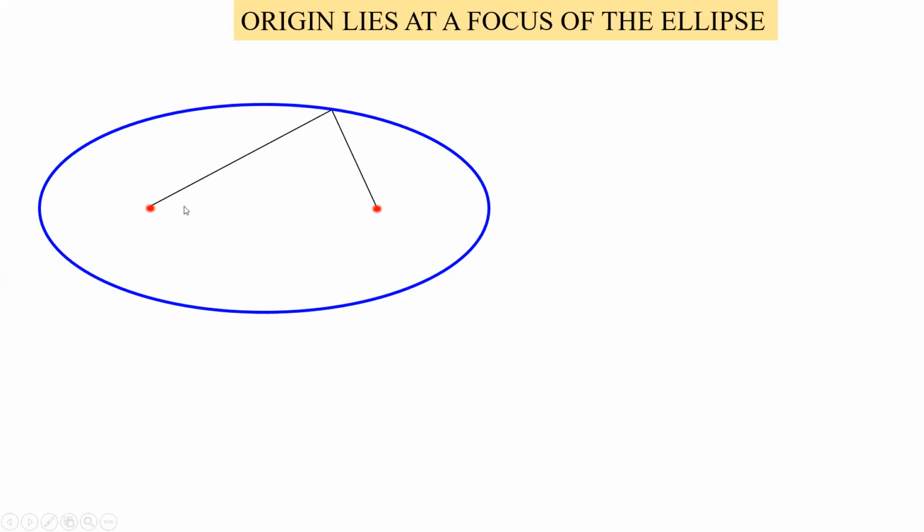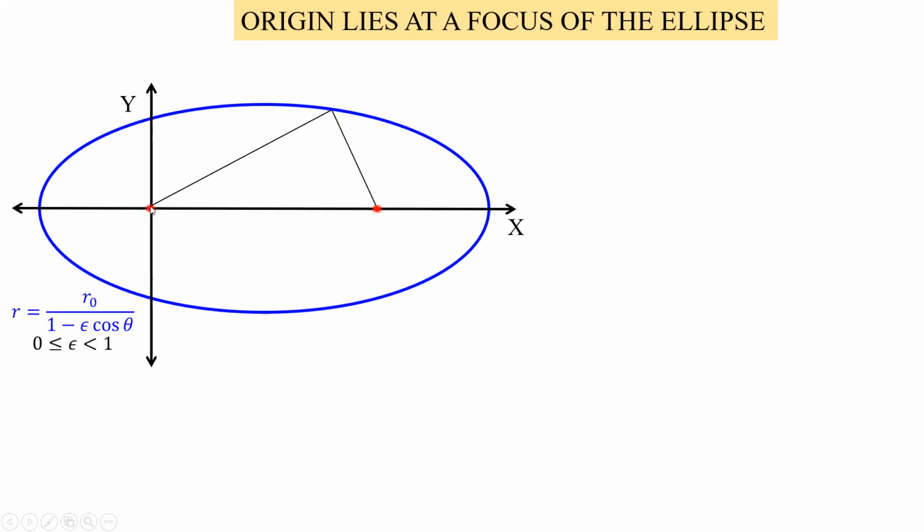Now, if the origin is at this focus, in order to prove that the origin is at one of the foci, we need to show that the sum of this length and this length, that is, the two radii made by the two foci, is constant.